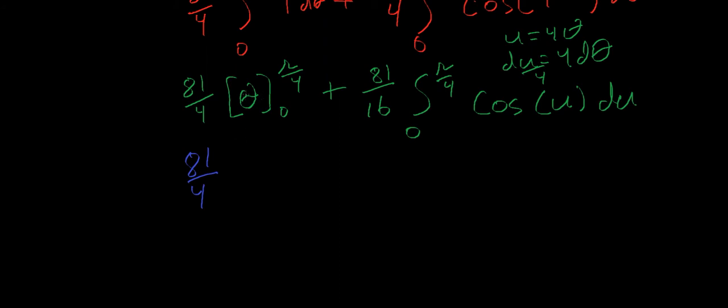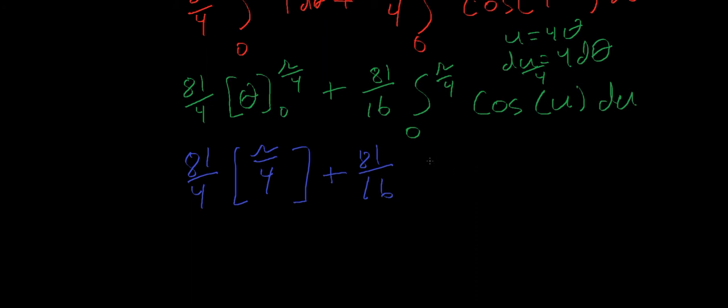Now I have 81/4. Well, theta is evaluated from pi over 4 to 0, so it's basically pi over 4 minus 0. Pi over 4, plus we have 81/16. u is just cosine 4 theta.